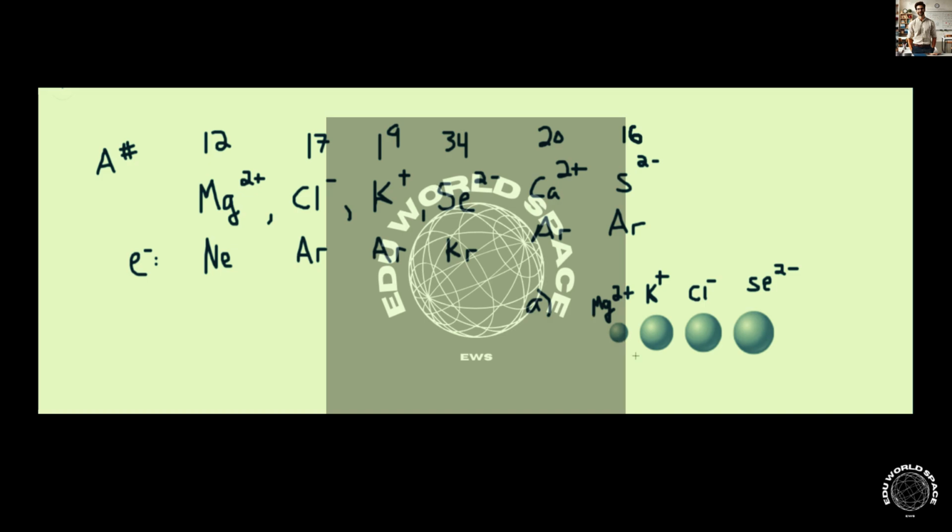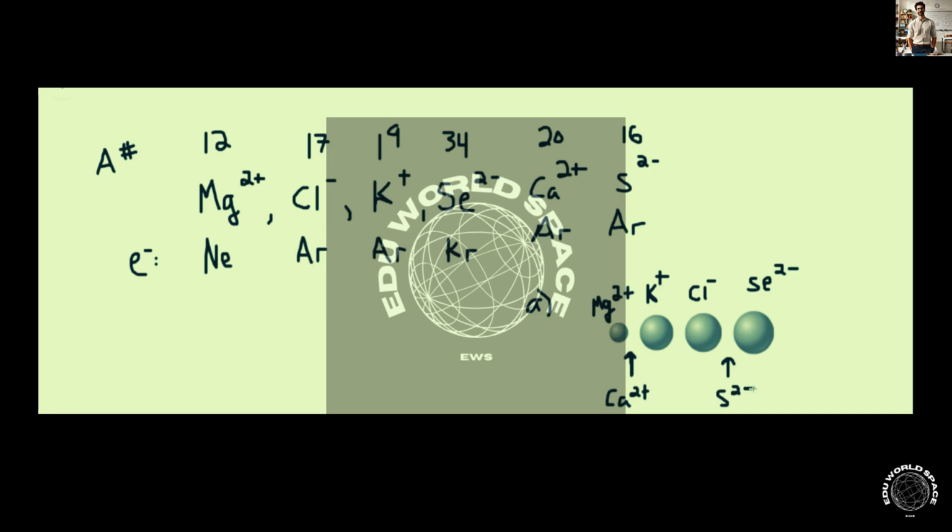So calcium has more protons than potassium, so that would mean that calcium would fit right here. And sulfur has 16 protons, which is less than chlorine. That would make it larger than chlorine. So sulfur would fit right here.